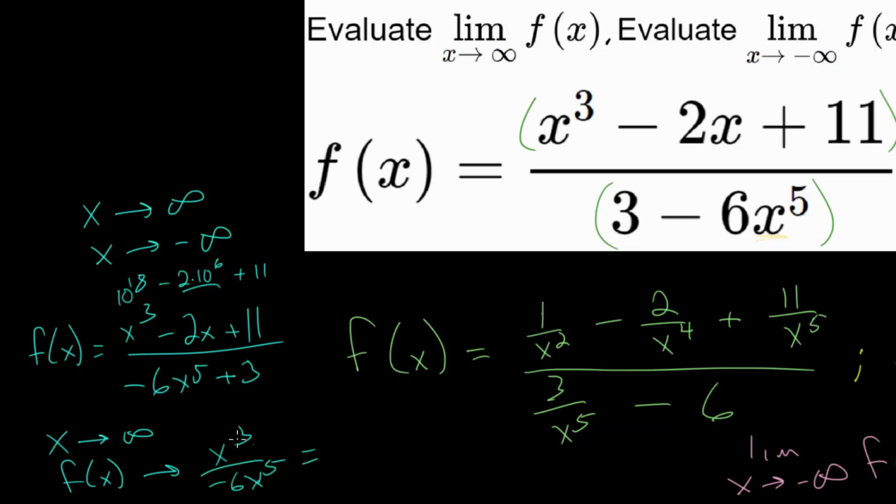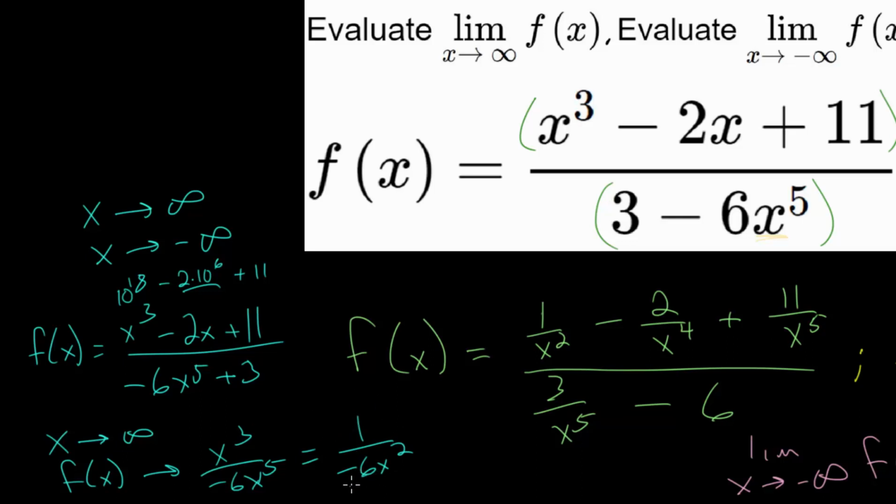And from here, you can cancel some of these x's out. You can cancel 3 in the numerator and 3 in the denominator, so that you get 1 over minus 6x squared.